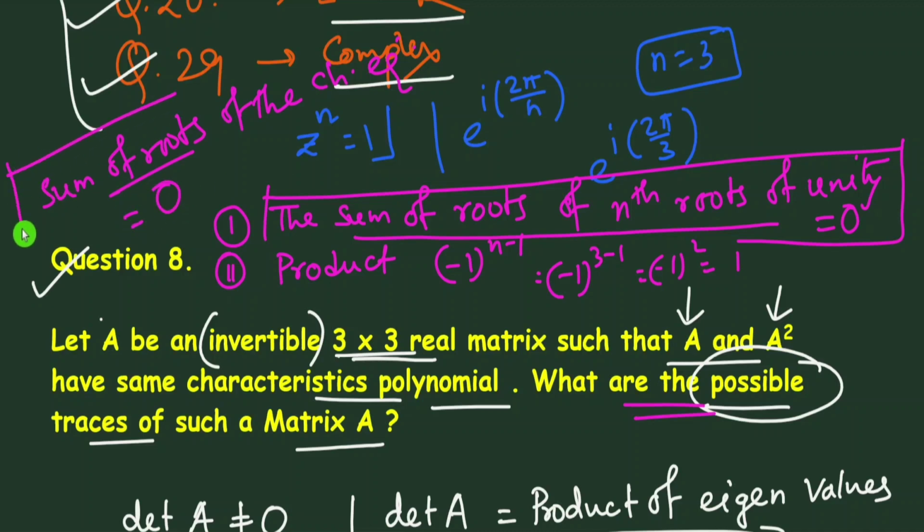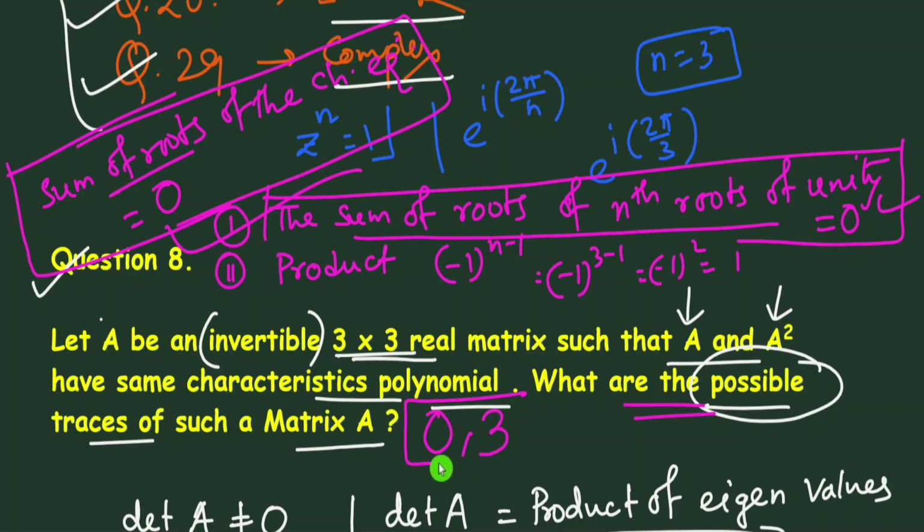We don't need any further calculations. From this result we can directly say that the sum of the roots is 0, therefore our answer is here 0 and 3 are the possible traces.